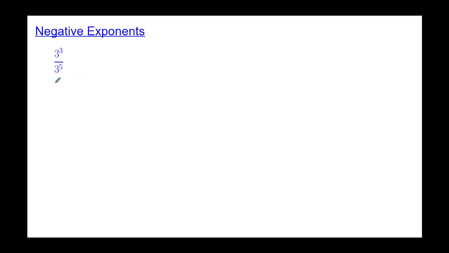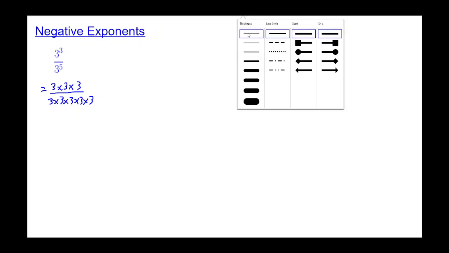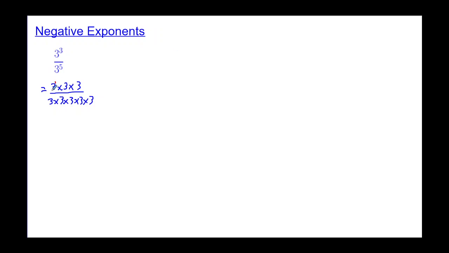Again, I'm going to start the same way that we did before. 3 cubed means 3 multiplied by itself 3 times. And 3 to the 5 means 3 multiplied by itself 5 times. We can do the same process that we did a while ago, where we divide out. 3 divided by 3 is 1, 3 divided by 3 is 1, 3 divided by 3 is 1.